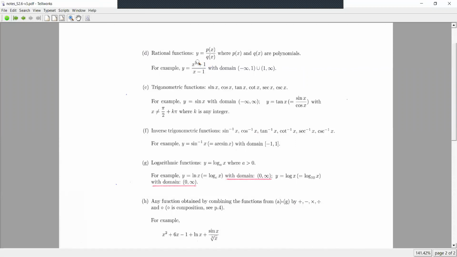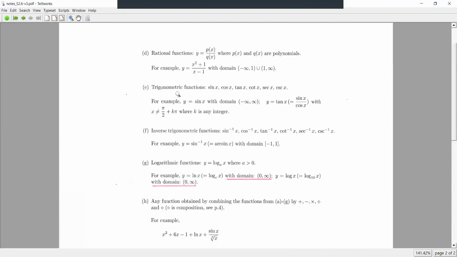When you plug in 1 in this function, denominator is 0, not computable. In interval notation, the domain of this function is from negative infinity to 1, excluding 1, parentheses. Union together from 1 to positive infinity, excluding 1, parentheses here.